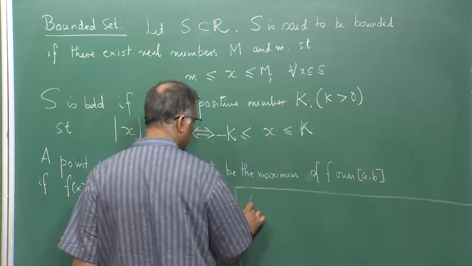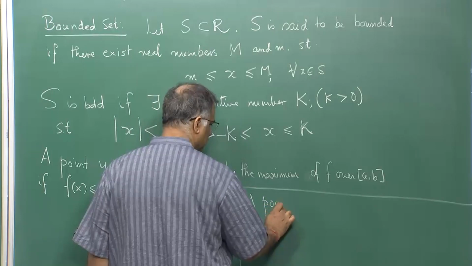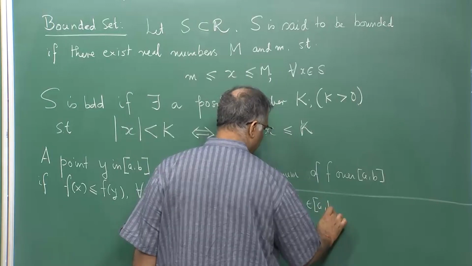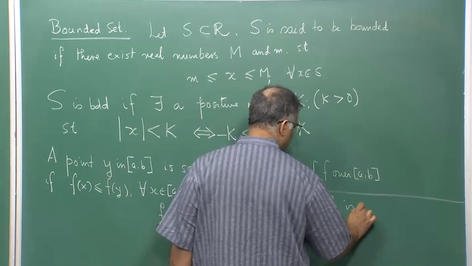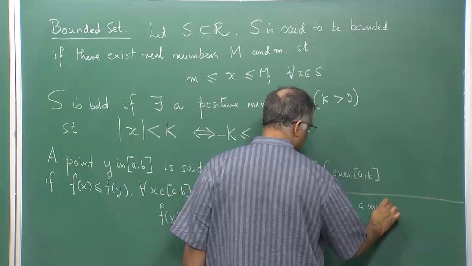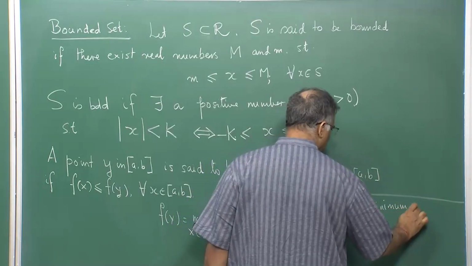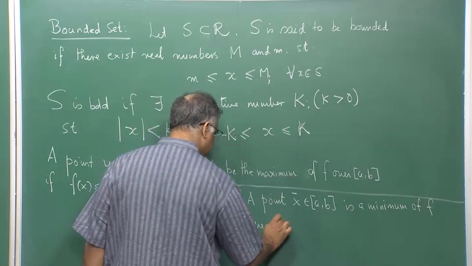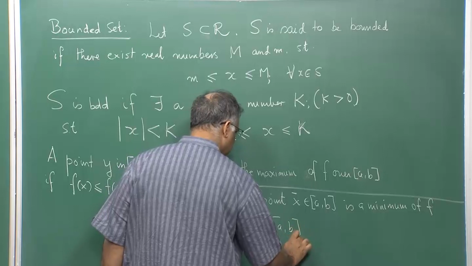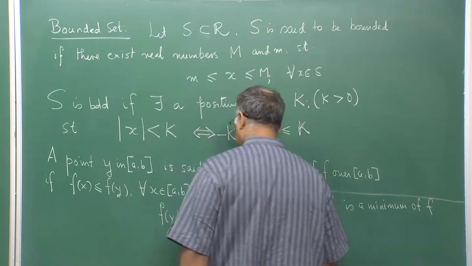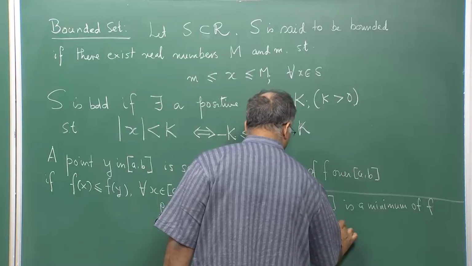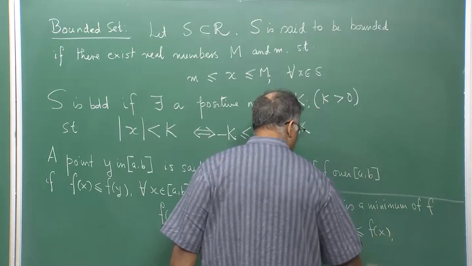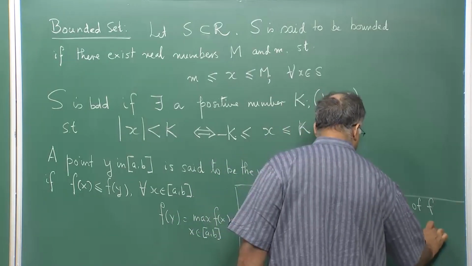A point x bar in [a, b] is a minimum of f over [a, b] if f of x bar is less than or equal to f of x for all x in [a, b].